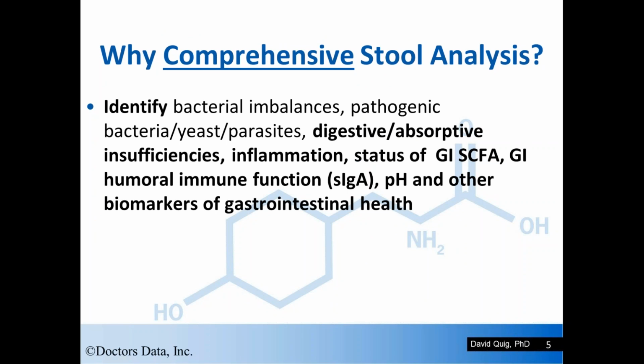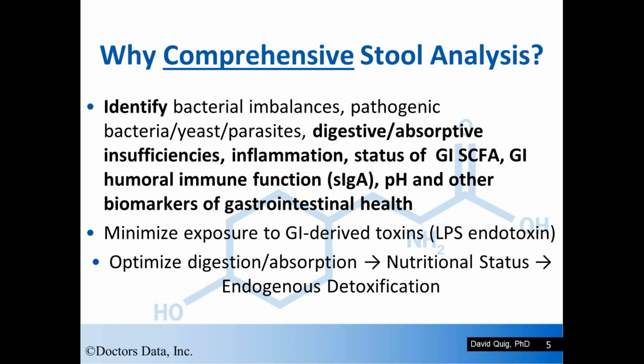So why comprehensive stool analysis? Obviously we want to identify bacterial imbalances, pathogenic bacteria, yeast, and parasites, but also we want to know about digestive and absorptive functions, inflammation, the status of the gastrointestinal short-chain fatty acids, which I will discuss in detail, the gastrointestinal humoral immune function, that would be secretory IgA, pH of the stool, and other biomarkers of gastrointestinal health.